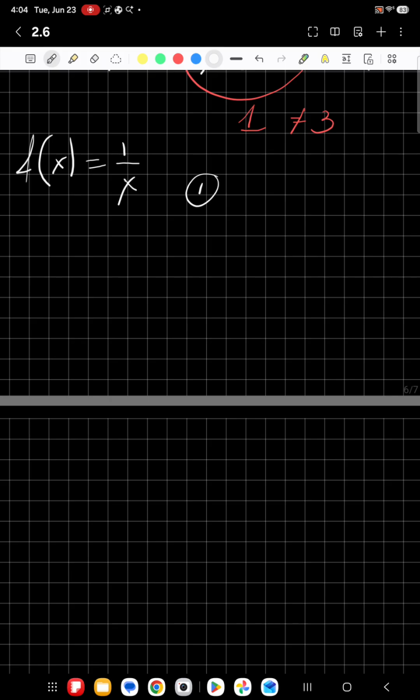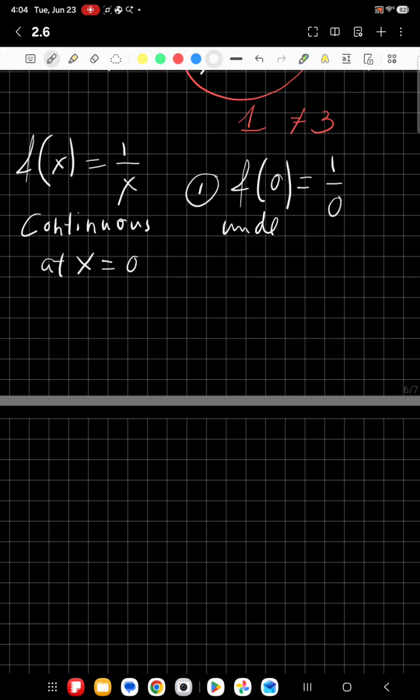So we were checking whether it is continuous at x equals 0, which was the possible point of discontinuity. f of 0, unfortunately, is undefined, since 1 over 0 is undefined. So the function is discontinuous, and we failed the first condition.